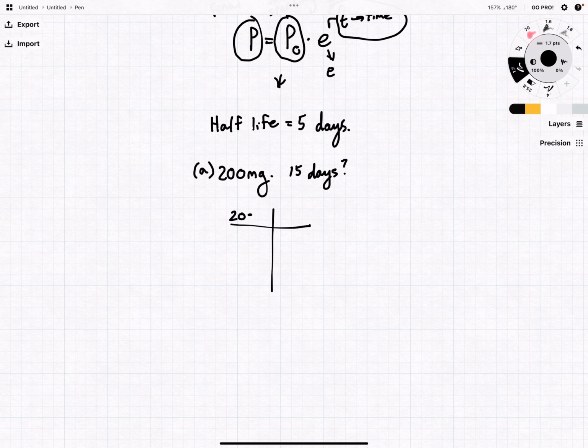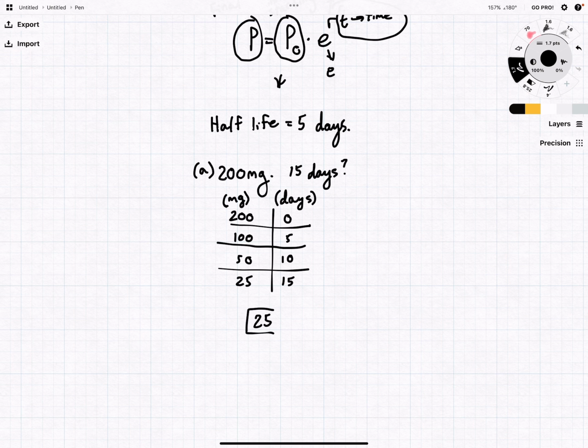So 200 milligrams, this is in milligrams, and this is in days. So we have 200 at day 0. Then we have 100 at day 5, 50 at day 10, and 25 at day 15, okay? So our answer for part A is 25, nice and simple.